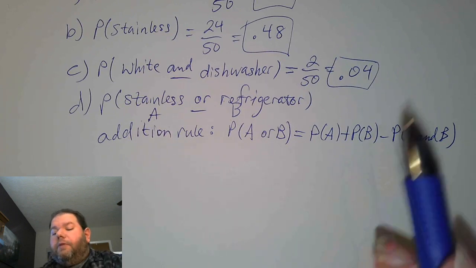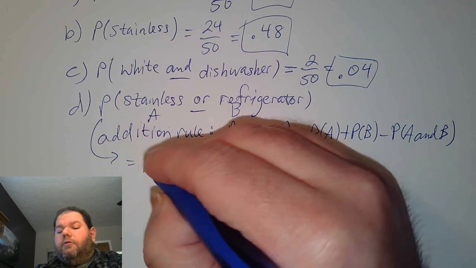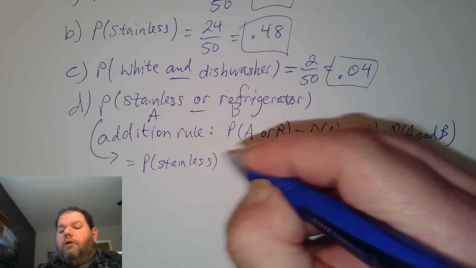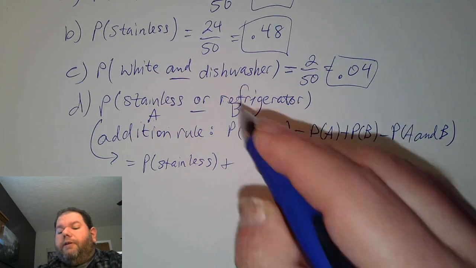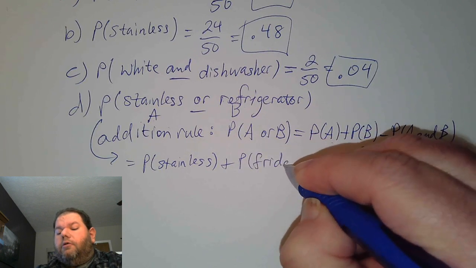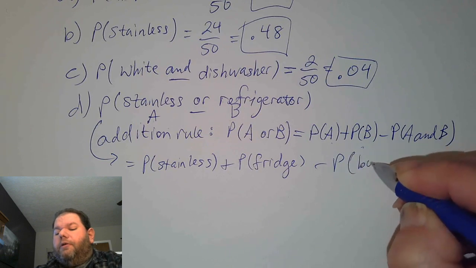So we want the probability of stainless steel, plus the probability of B, that's the refrigerator, and minus the probability of both.